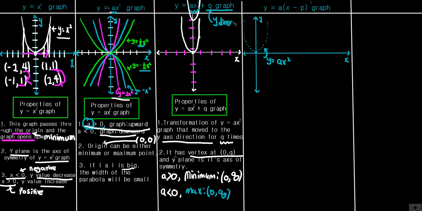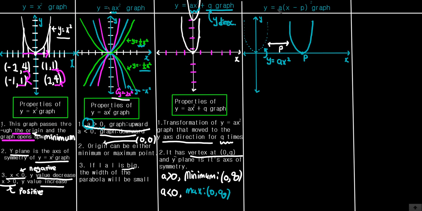And it is opposite with y equals a times (x minus p) squared, which moves the graph to the right or the left, directly in the x-axis direction.